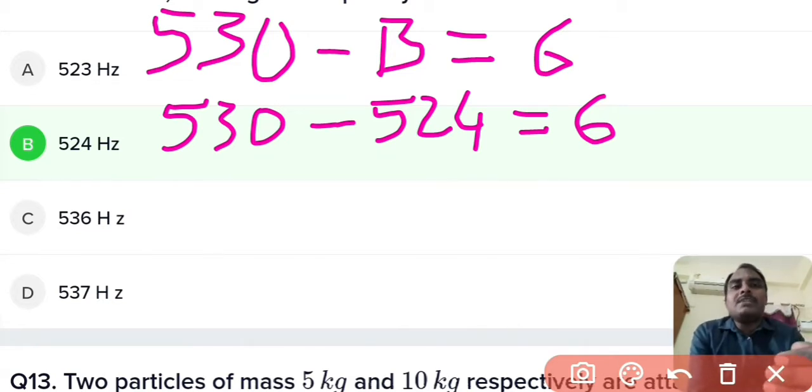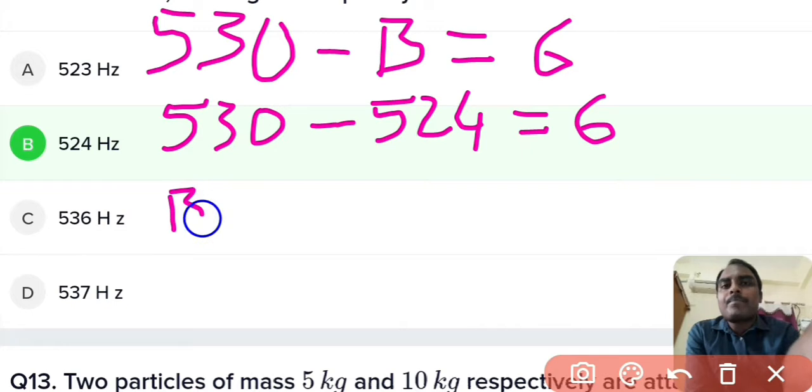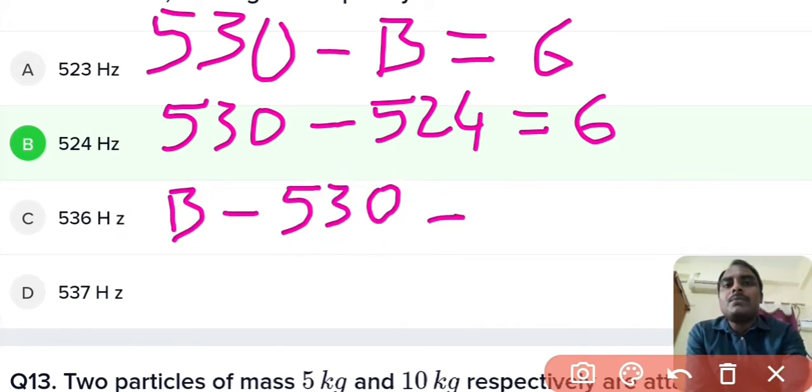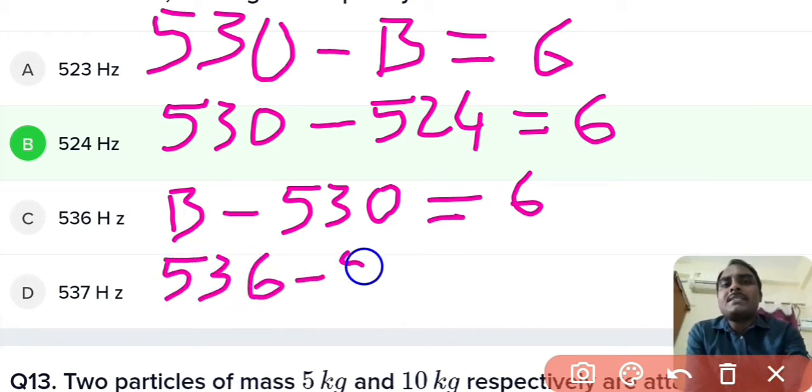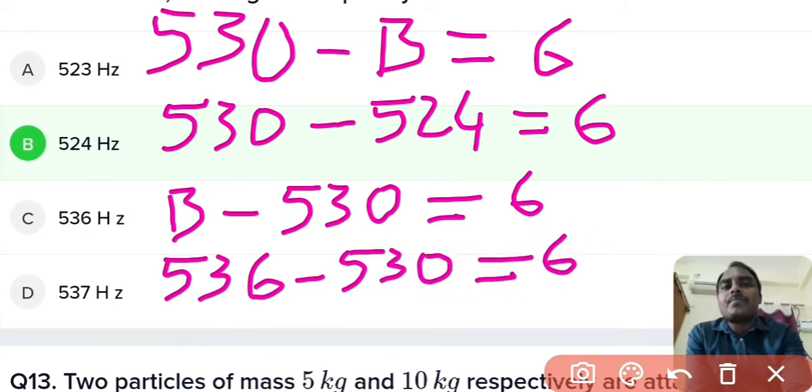But the second possibility: if B is greater than 530, then the equation becomes B minus 530 equal to 6. Then B should be 536, since 536 minus 530 equal to 6.